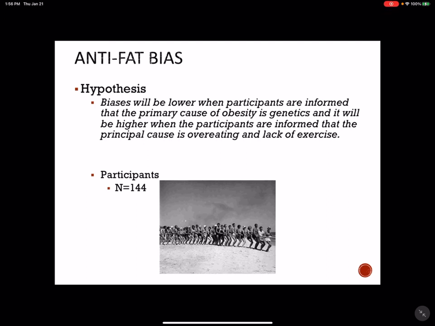So the introduction led to: biases will be lower when participants think that fat people can't help being fat, and higher when they think that fat people can help being fat.